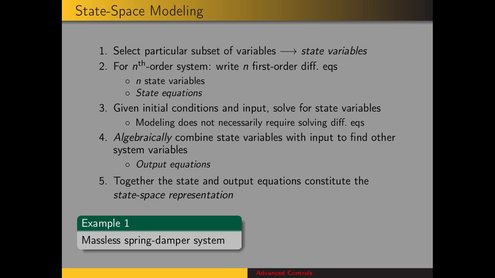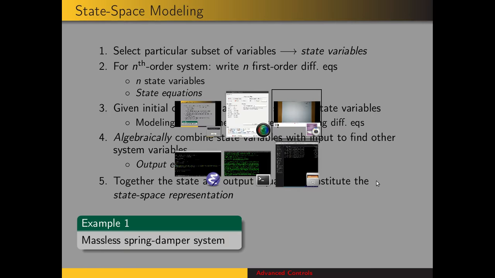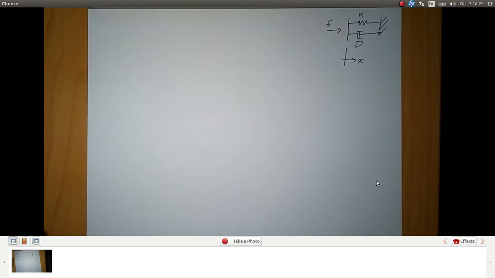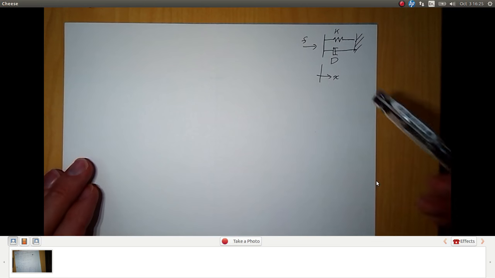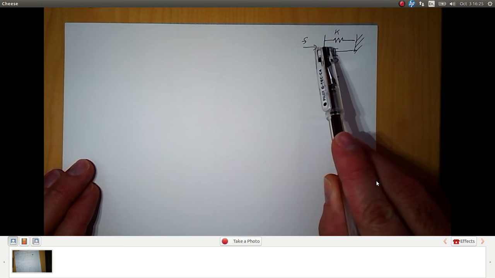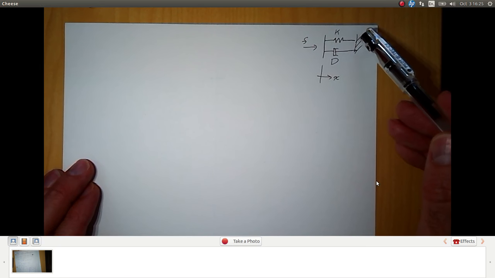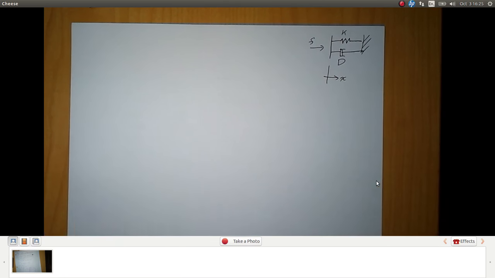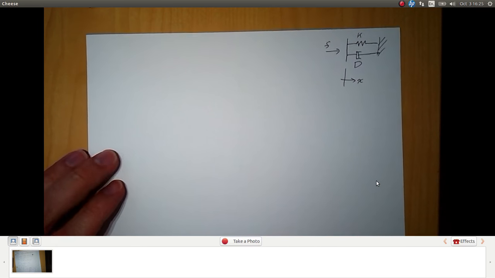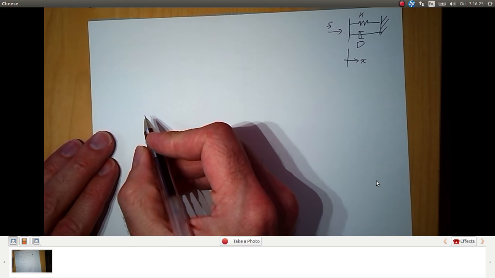Our first example is a massless spring and damper system, shown here. We have a force being applied to a massless plate that's connected to ground with a spring and a damper. So let's write the equation of motion for this system.